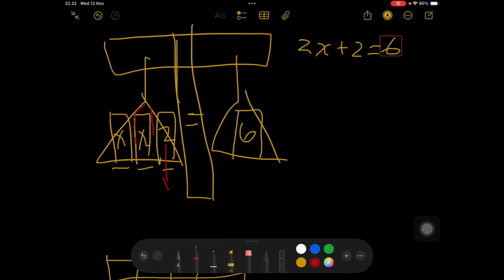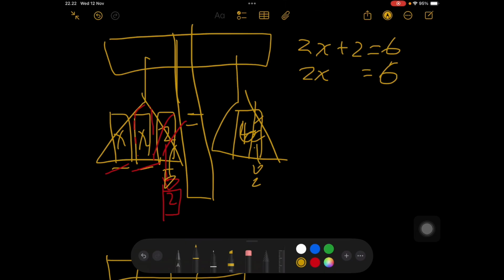Let us bring down this 2 first. So now we've got things that are in x only, which means right here 2x equals 6. If we bring down 2 right here, we must also cut 2 to bring down right here, so it becomes 4, right? So 6 minus 2 directly.